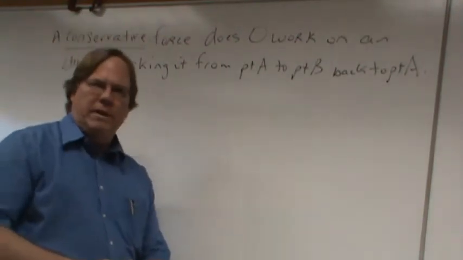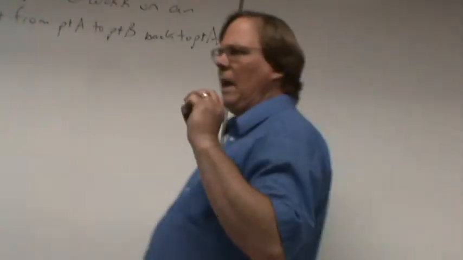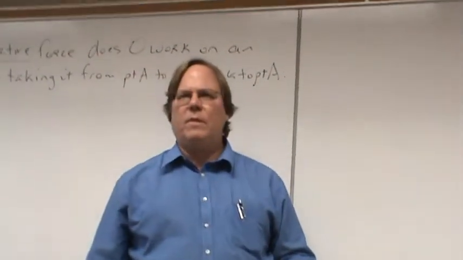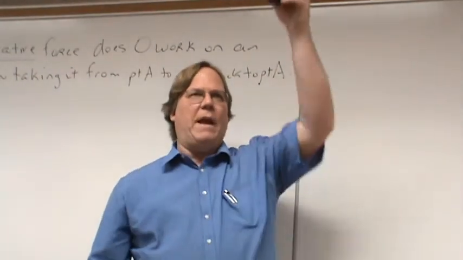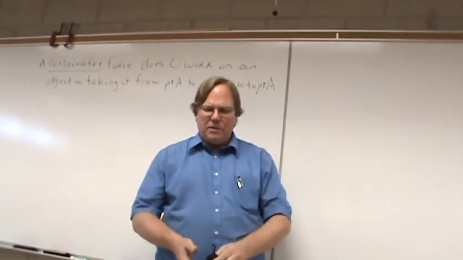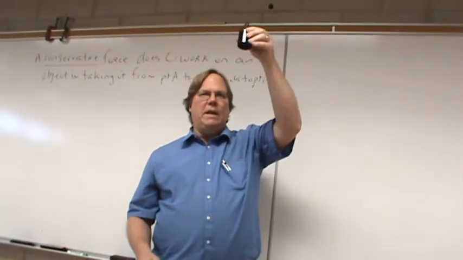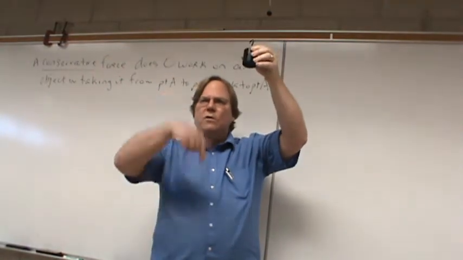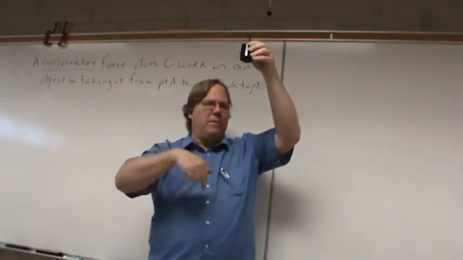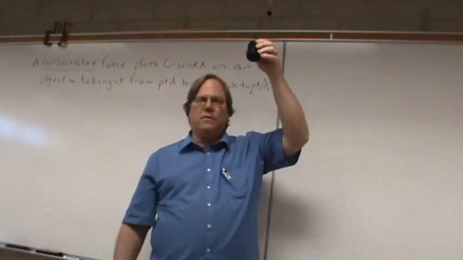Let me show you an example of this using gravity. So imagine I have an object and I throw this object in the air. So this object goes from point A to point B back to point A. As this object is going from point A to point B, what kind of work is gravity doing? Positive or negative?